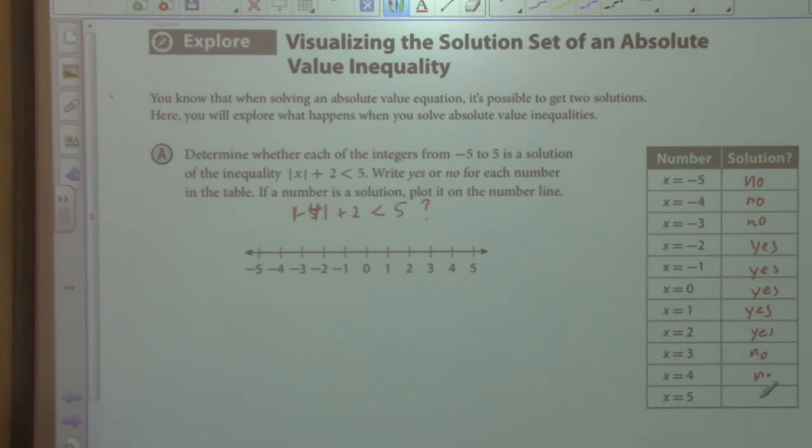So what we have is, we can see where the solutions are, and where they are not.